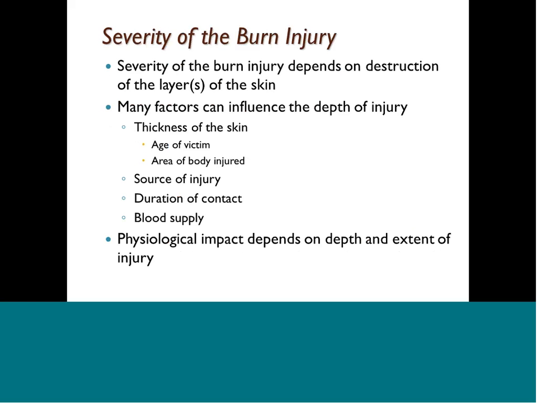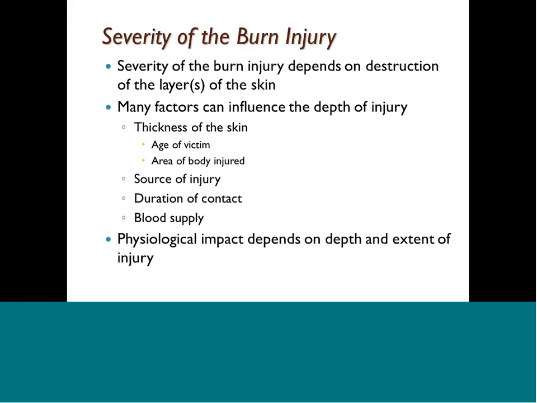When we think of the severity of the burn injury, it depends on the destruction of those layers of the skin. Many factors can influence that depth of injury. First of all, there's the thickness of the skin. We look at the age of the victim. Are they an older person or a younger child? Their skin is a lot thinner than the adult person.